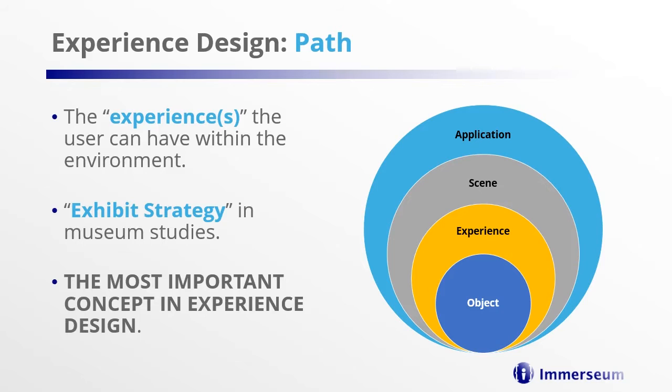In museum studies, it's called exhibit strategy, and it shapes how the museum is laid out and how exhibits are designed. But in VR, it affects all of the interaction design, all of the environment design, basically everything. It's the question of what can people do?